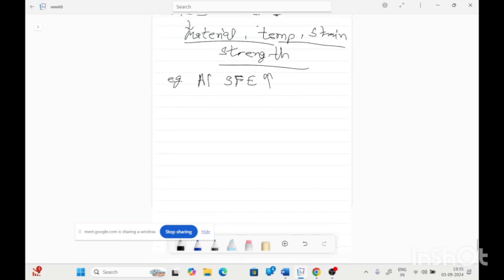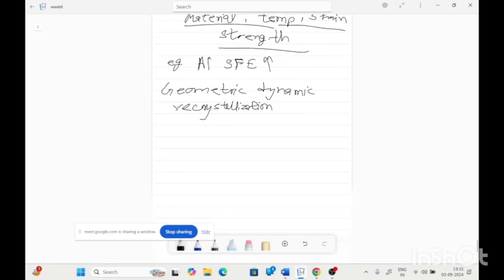So next is the geometric dynamic recrystallization, written as GDRX.